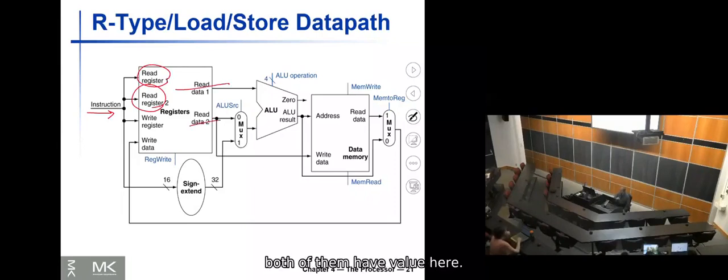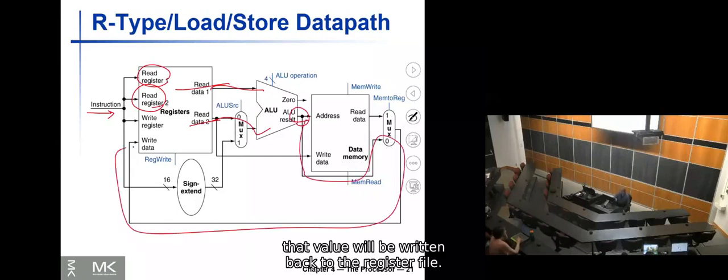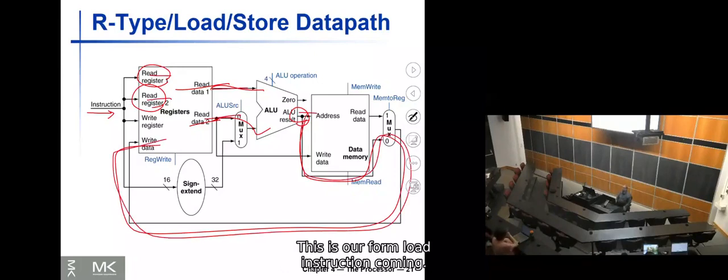Both of them have values here. These values come to the ALU, calculated, and that value will be written back to the register file. T1, T2 coming here, added, this value will be written back to T0.